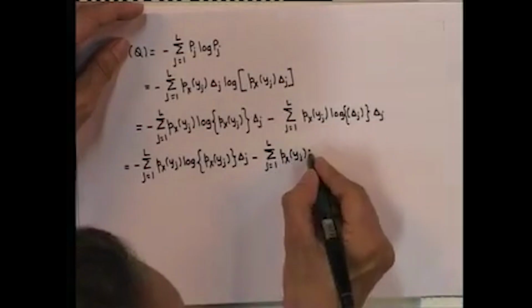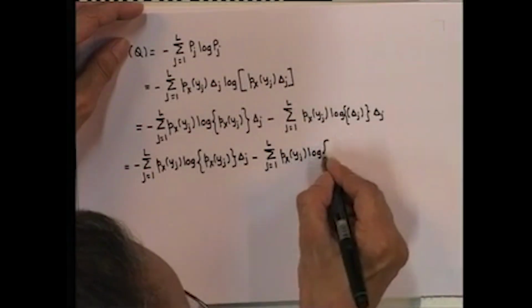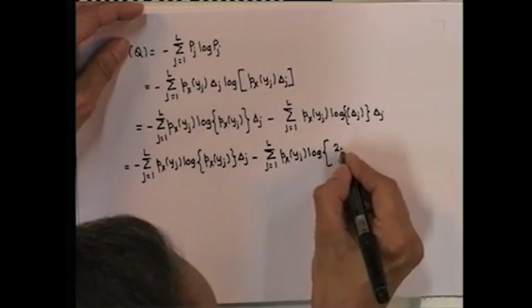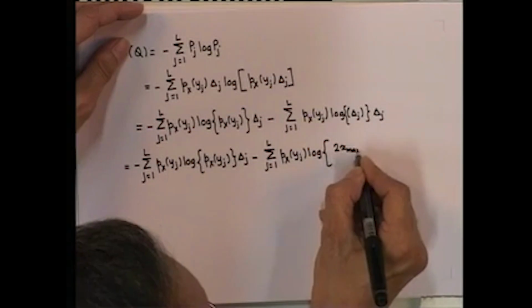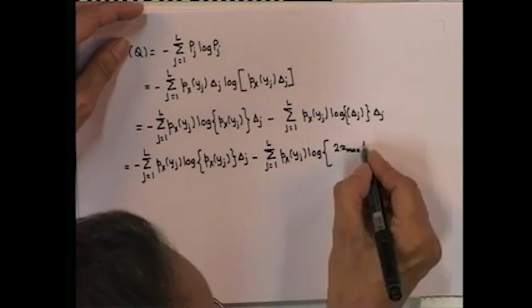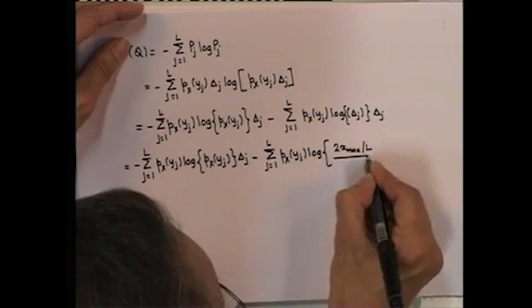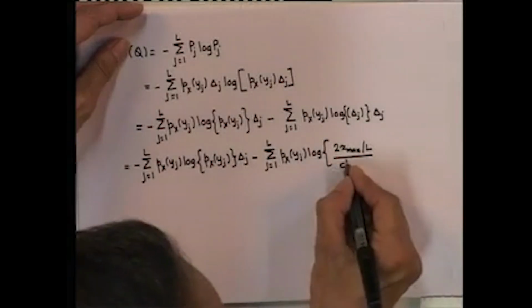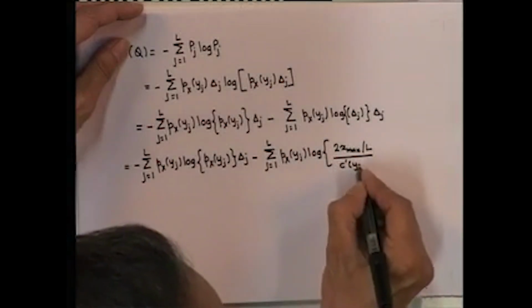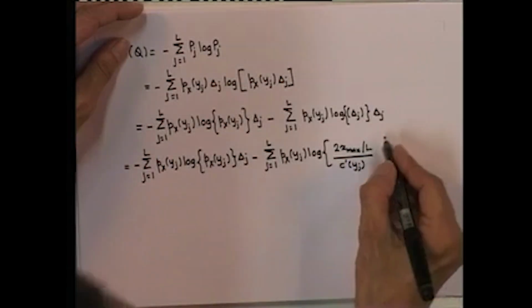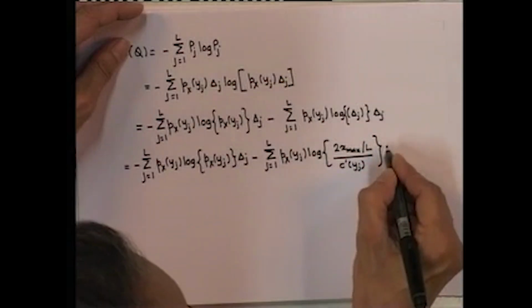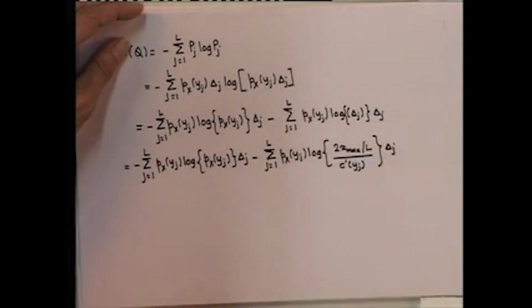So, in place of delta j, we will substitute 2 x max divided by L, the whole thing divided by the derivative evaluated at y j delta j.